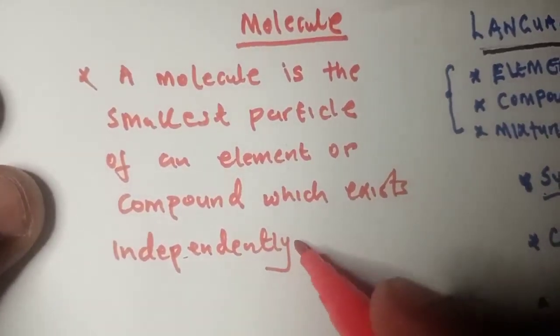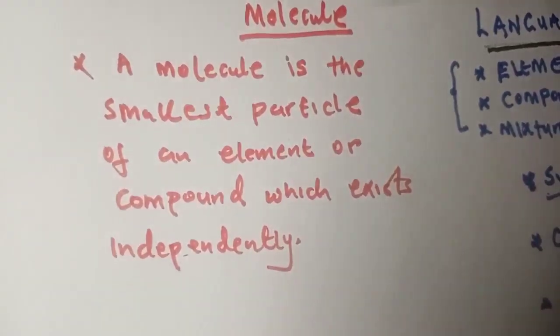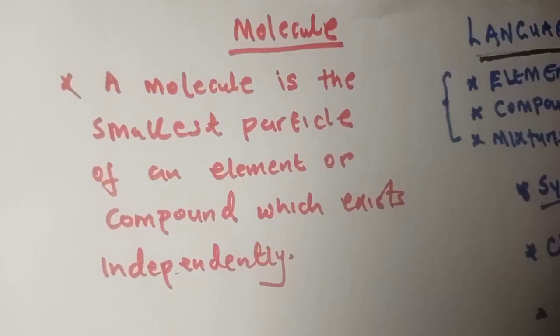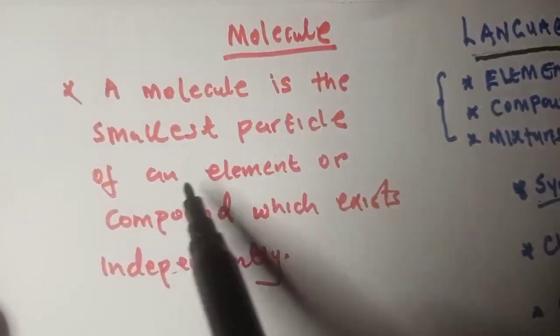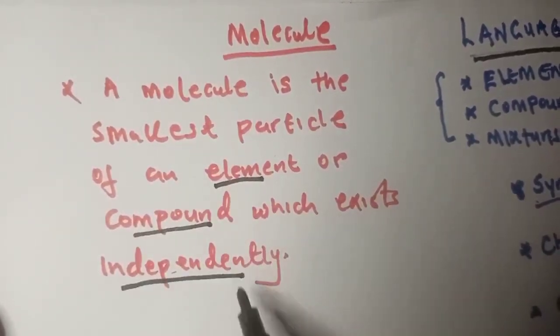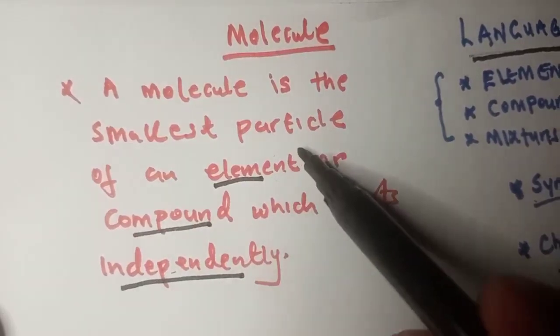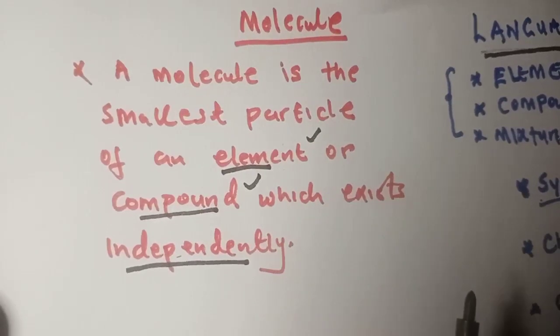That is the definition for a molecule. If you compare it with the definition for an atom, the smallest particle of an element that can take part in a chemical reaction, the molecule is the smallest particle of an element or compound which exists independently. So you need to understand what an element is and what a compound is.